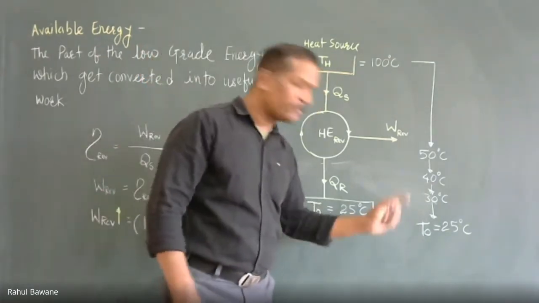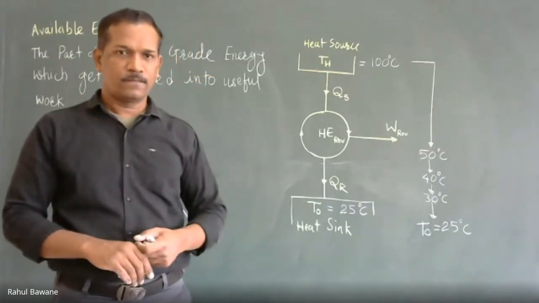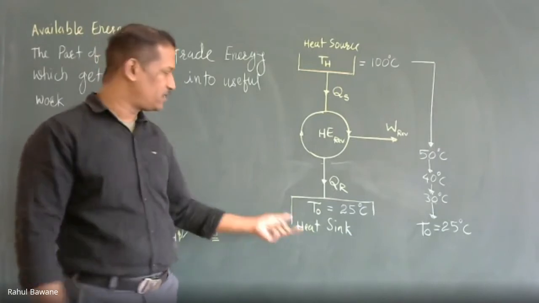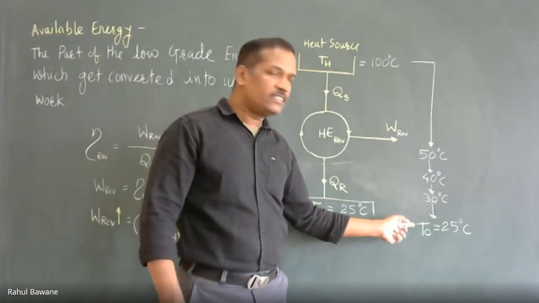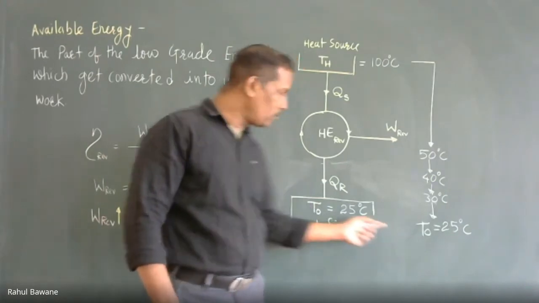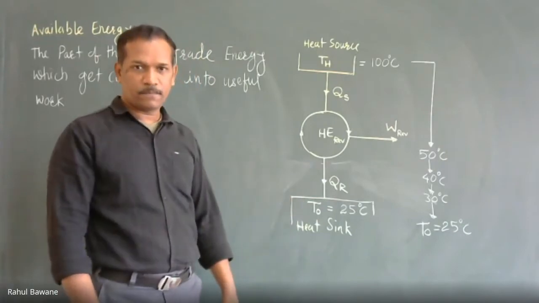Because below atmospheric, it is not possible to maintain a heat sink without using any external means, a refrigeration system or cooling system. So what can I do? I can decrease the heat sink temperature to the atmospheric level. After that, it is not possible.